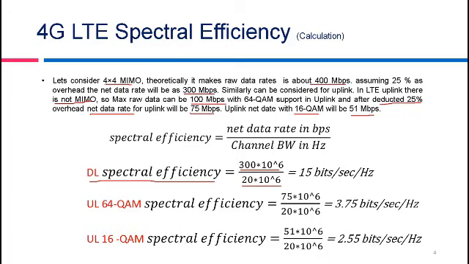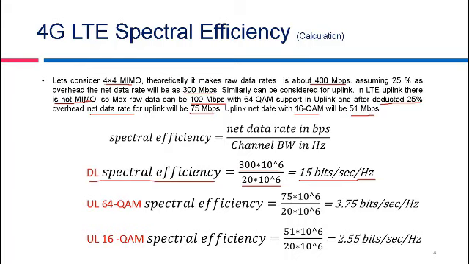Using this, we get a result of 15 bits per second per hertz. So in downlink with LTE, we can get 15 bits every second with every hertz of channel bandwidth.